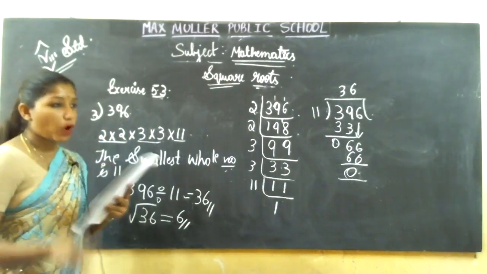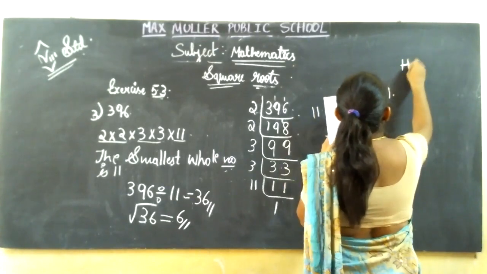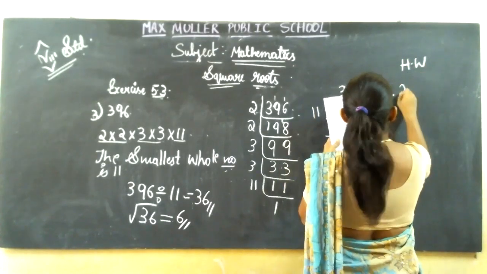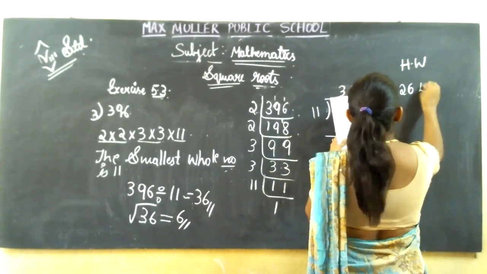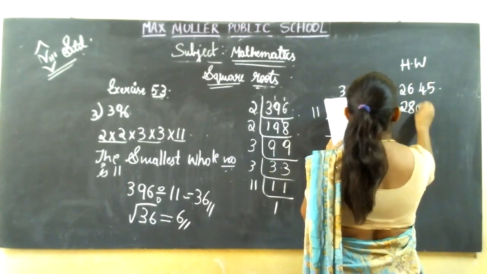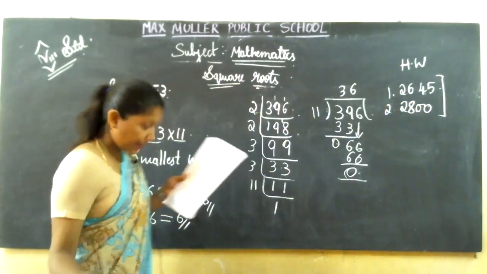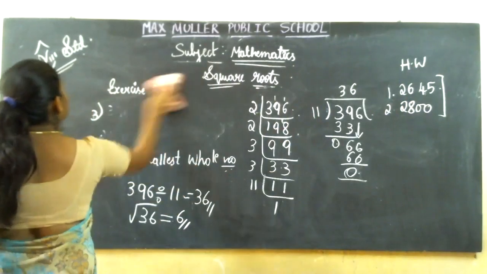Next two problems like that. Let me write down the homework problems here: 2645 and 2800. These two numbers you have to do. Take them as homework problems.